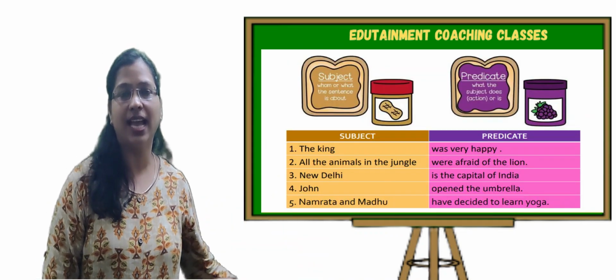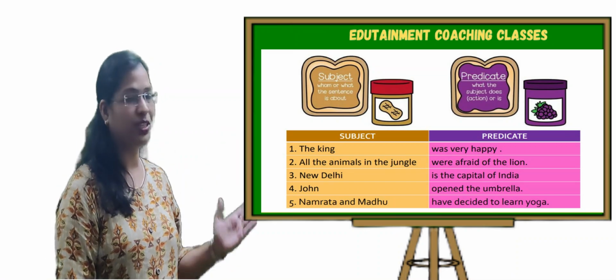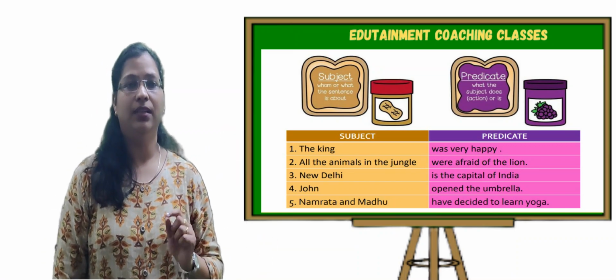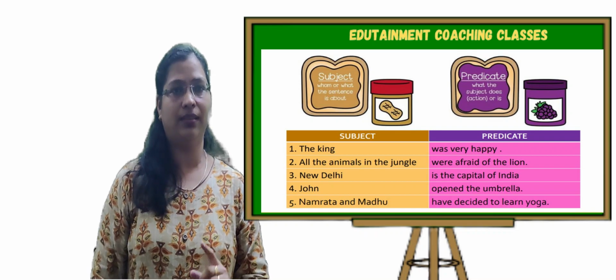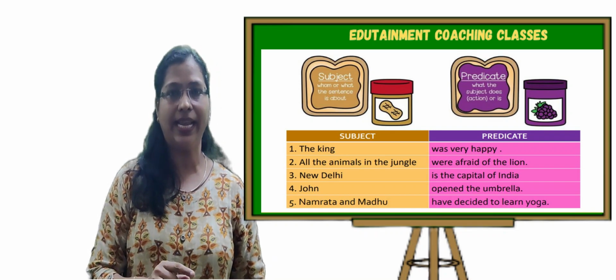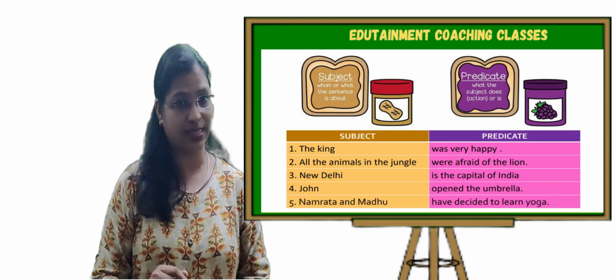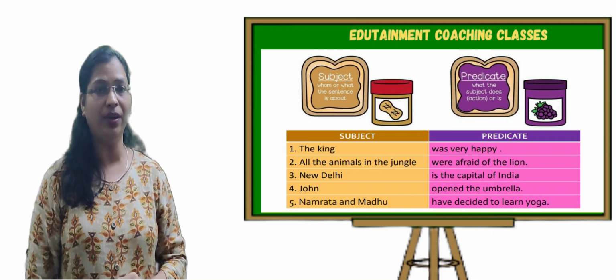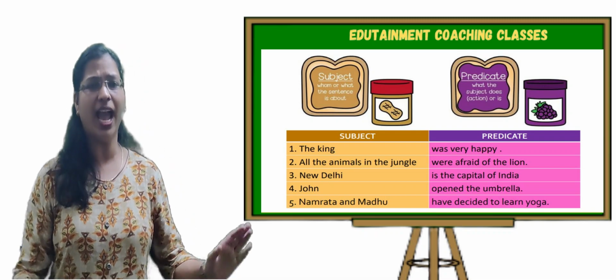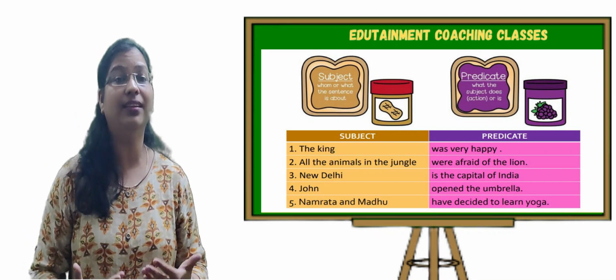Now let us understand few more examples of subject and predicate with the help of these sentences. Keep in mind, subject tells whom or what the sentence is about, and predicate, what the subject does or is. Okay, look at this first example. The king was very happy. So the sentence is about the king.